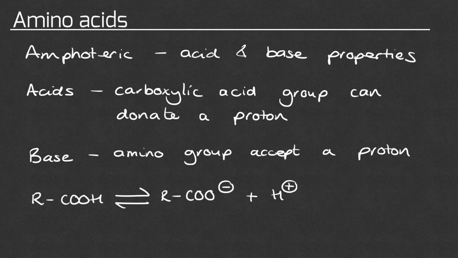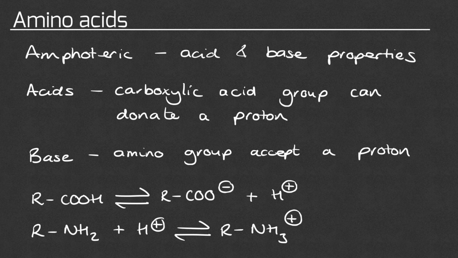So for example, this equation here shows how the carboxylic acid group can donate a proton and how the amino group can accept a proton. Remember, a proton is just an H+ ion.